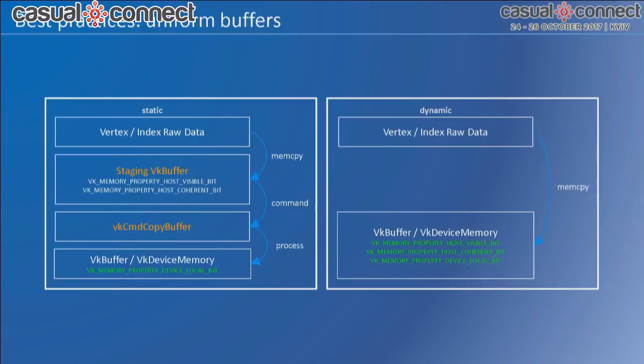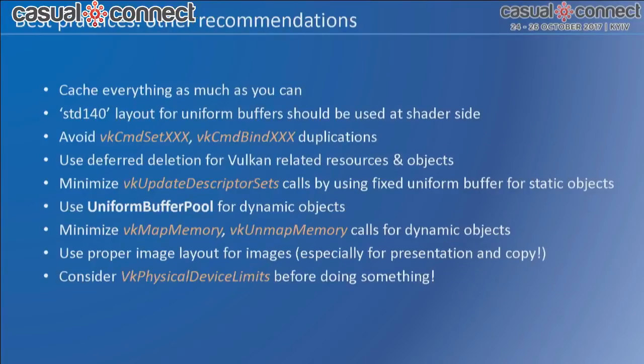So we will have one more extra copy. For static objects, we do it just once and it will be fine. But if we're talking about dynamic objects, we need to do that frame by frame, and it will be a performance cost, especially for mobile.